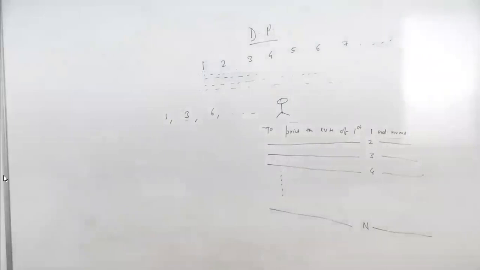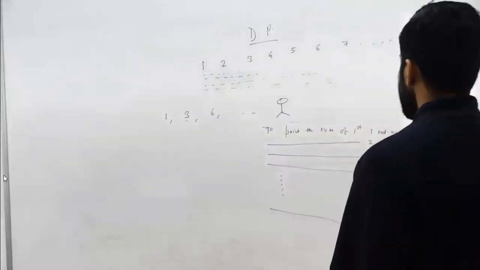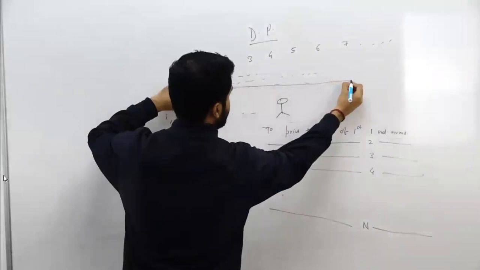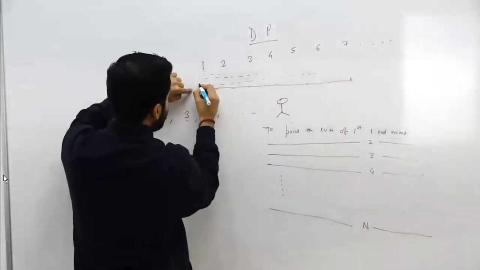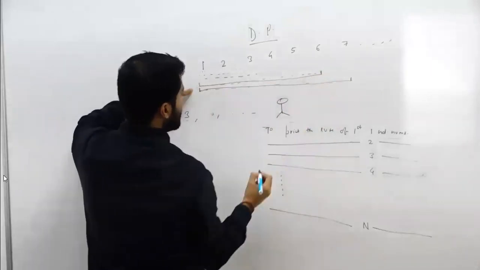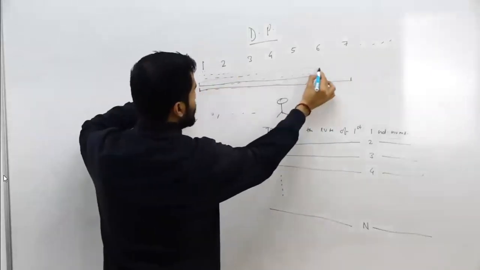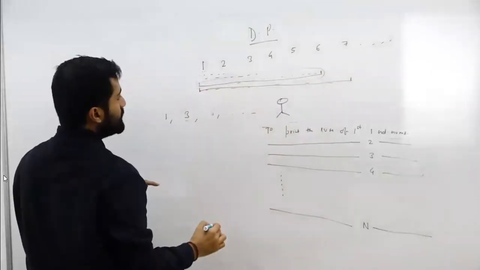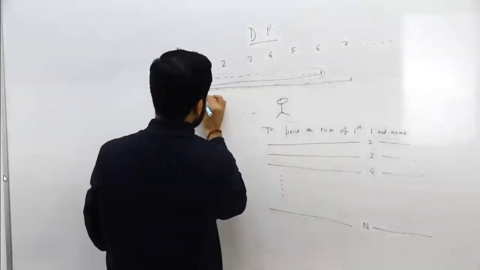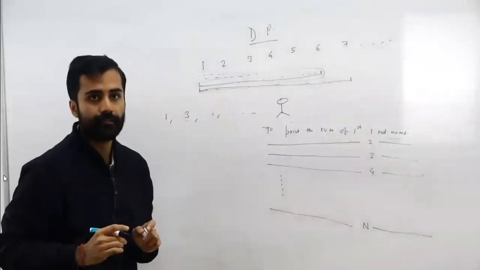Why? It is not an intelligent thing to do because when you need the sum till 7, then it has an intersection with the sum till 6. So if you already computed it, then what is the need to compute the part from here to here in this thing again?